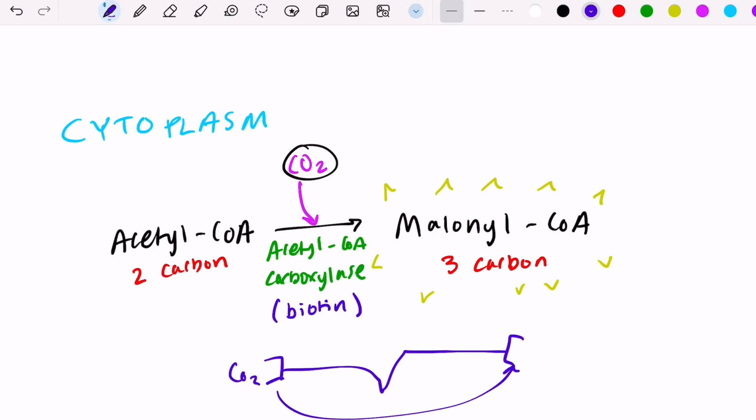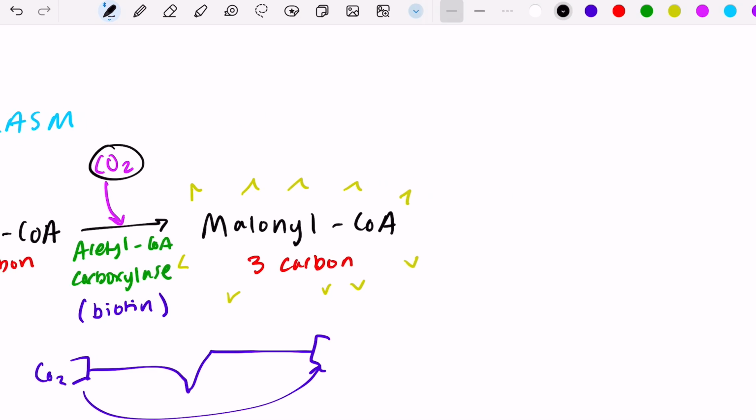So biotin is going to be required. The MCAT loves to test on this. It says, if there's a deficiency in biotin, would we see increased or decreased fatty acid synthesis? It's going to be decreased because it decreases the activity of that activating step where we get malonyl-CoA out of acetyl-CoA.